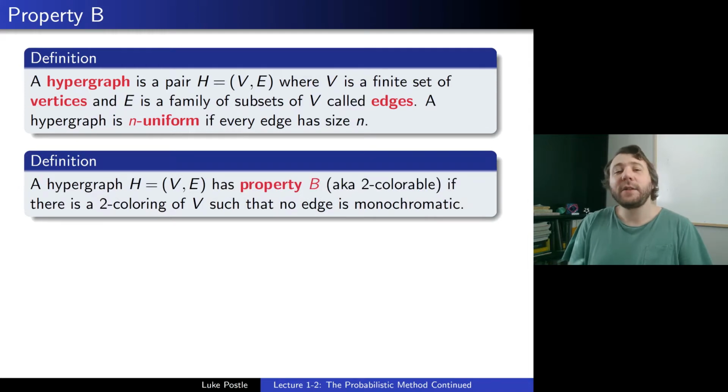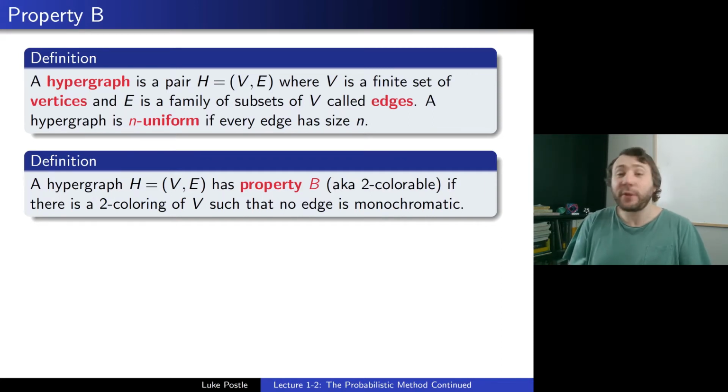And then we say that a hypergraph H has property B, also known as 2-colorable, if there is a 2-coloring of V such that no edge is monochromatic. So what does that mean? For hypergraphs, when we do coloring, to make it different from what you might do for graphs, we only require that there are no monochromatic edges.